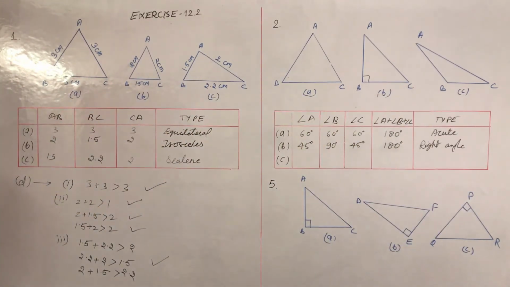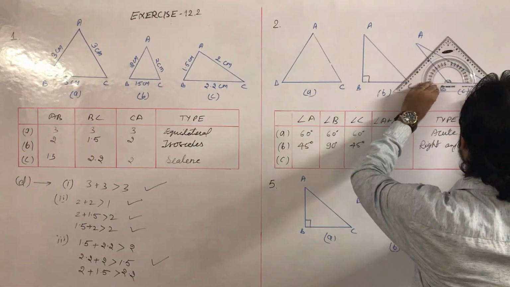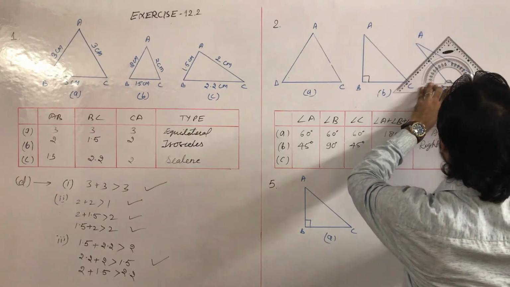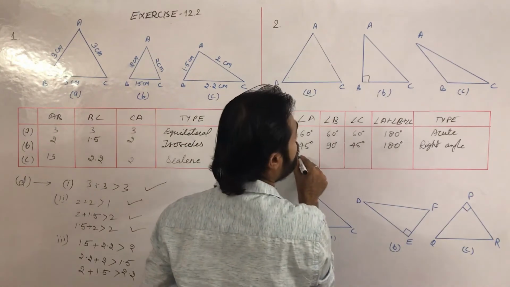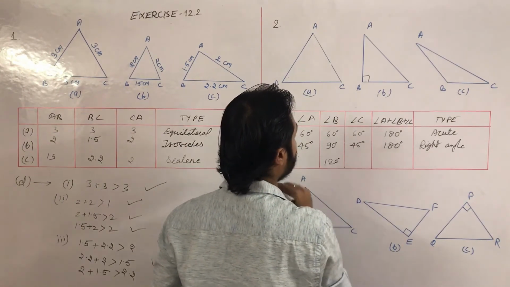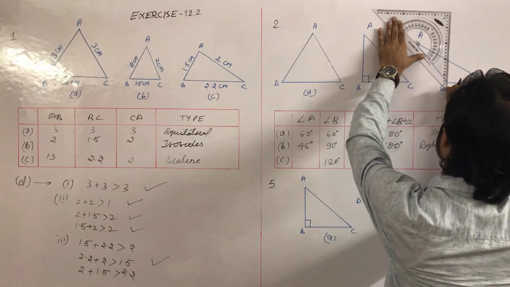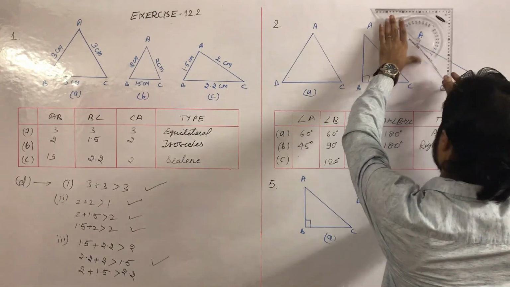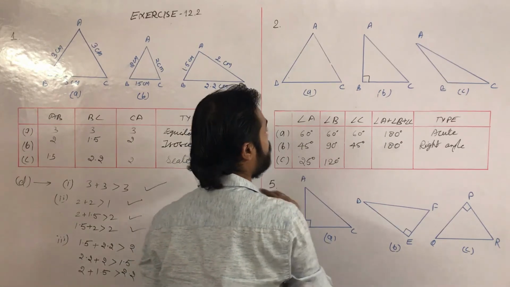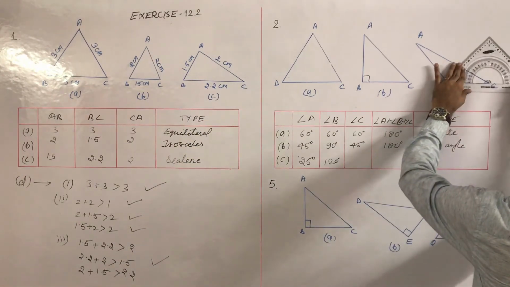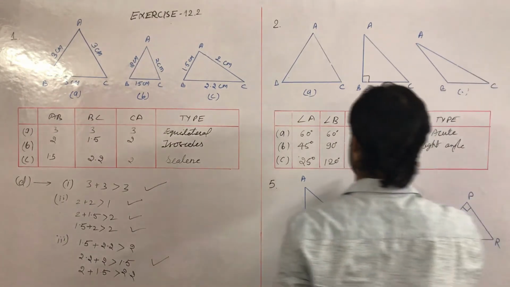Now part C, the third triangle. In the third triangle, the first angle, angle B, is approximately 120 degrees. What about angle A? Angle A is approximately 25. And angle C in my case is 35.